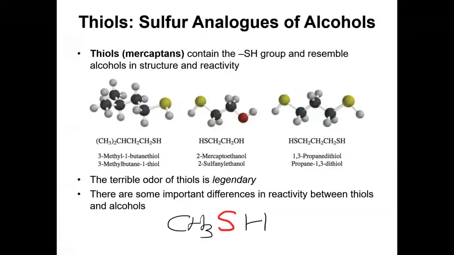The structure and the reactivity are somewhat similar to alcohols, but there's also some difference. One feature of thiols is their very offensive odor. The odor of thiols is legendary. If you're unlucky enough to need to deal with thiols, you probably wish your nose were not ultra sensitive.